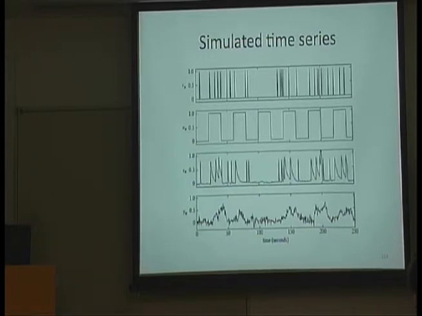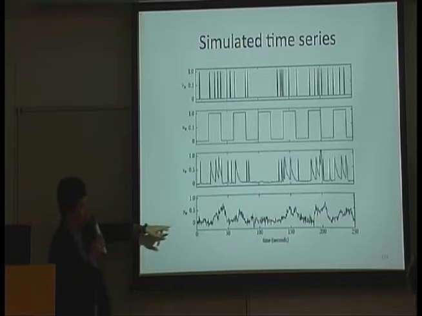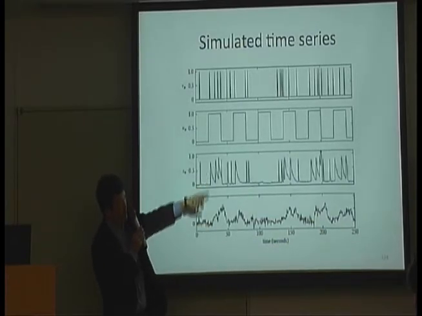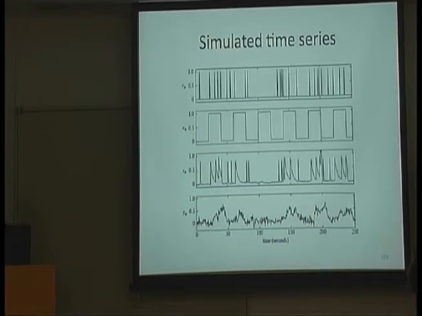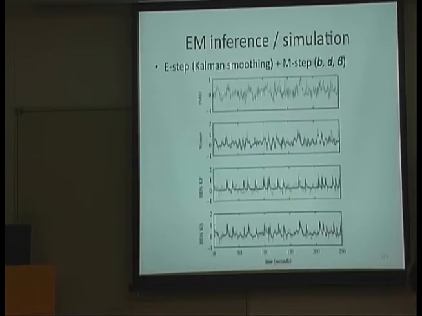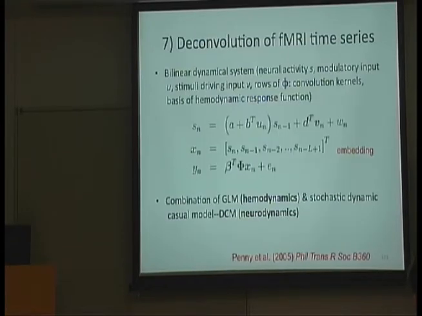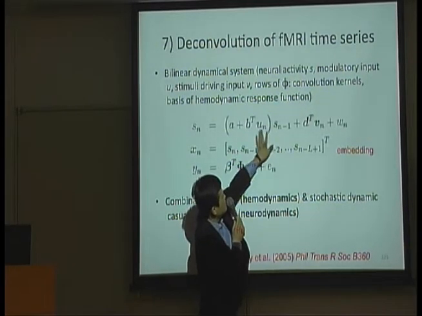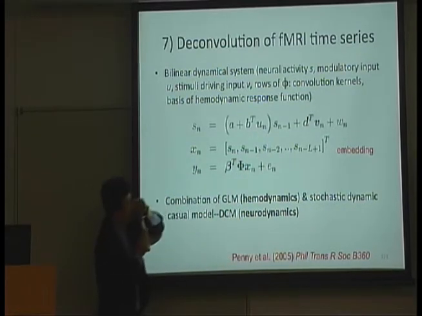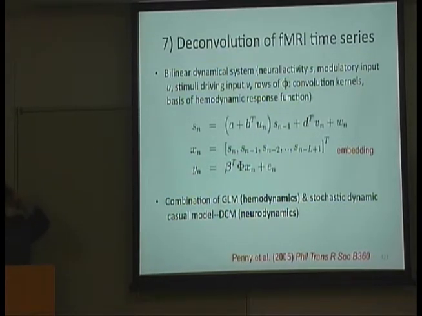The question is, from this, can you recover this? When you observe this, that is the deconvolution problem. In their work, this can be solved by EM, even though you involve some bilinearity. By bilinearity, you can see here there's some interaction, bilinear rather than linear.